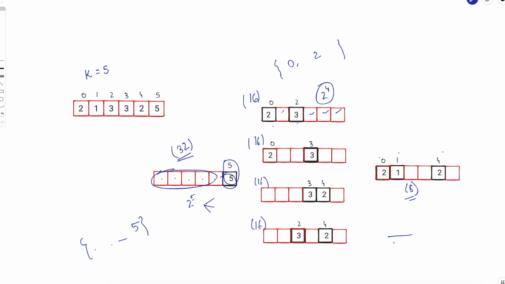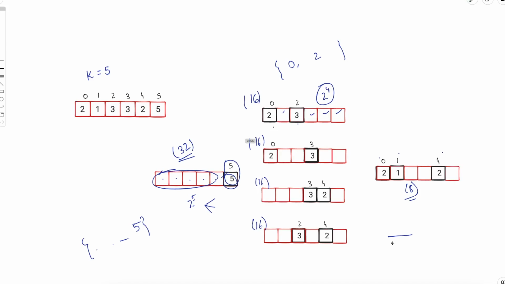So hope the entire solution is clear. So what is the overall complexity? So what you are doing is, you are first figuring out how many good subsequences are there, right? Or rather, how many subsequences are there which can sum up to 5. But there is a catch.